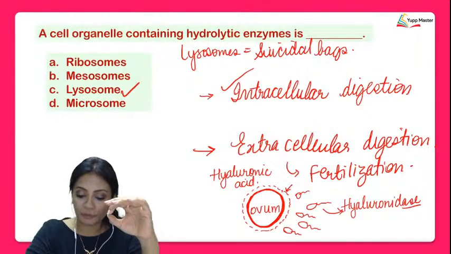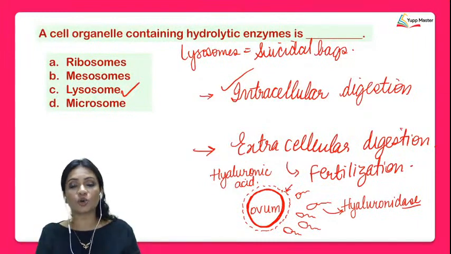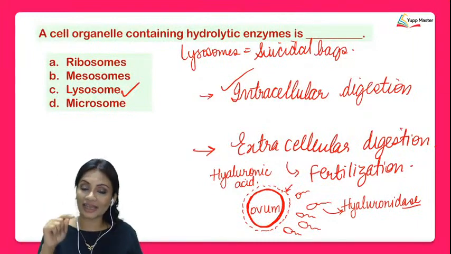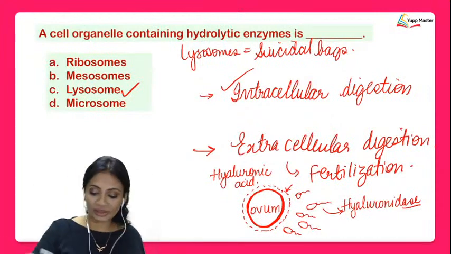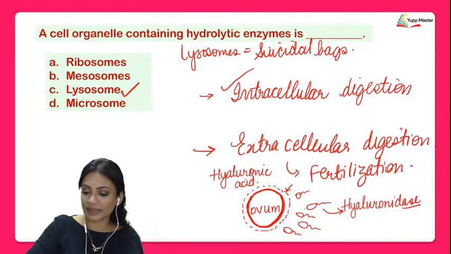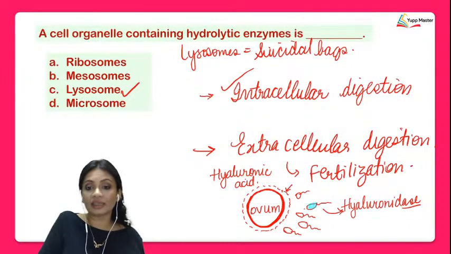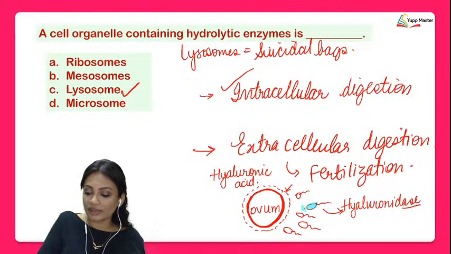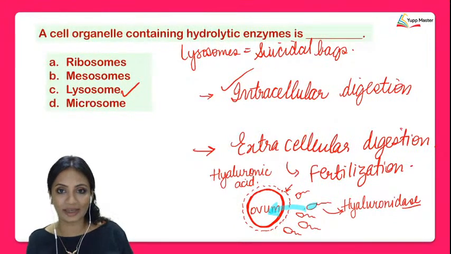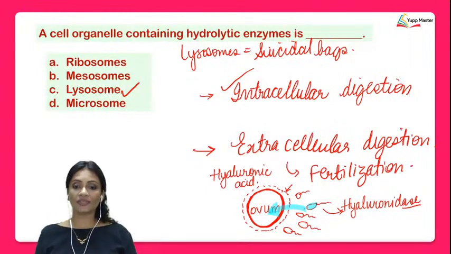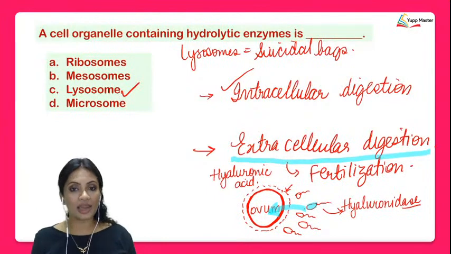The sperm which is able to release that enzyme is the one which is allowed entry inside the ovum, and all the other sperms will be kept away. If this is the sperm releasing the enzyme, then only this sperm will be allowed to go inside that egg. So that is how extracellular digestion occurs in the lysosomes.